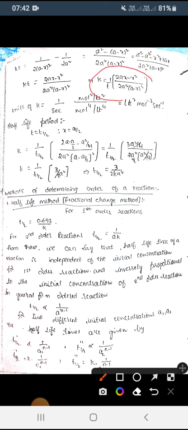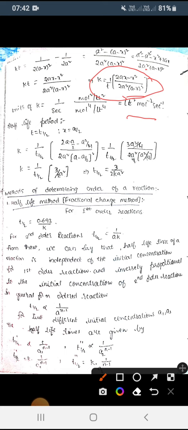So this is the third order rate equation. Here t is in seconds, concentration terms are mole square per liter square by mole power 4, so we get the units as liter square mole power minus 2 second inverse.